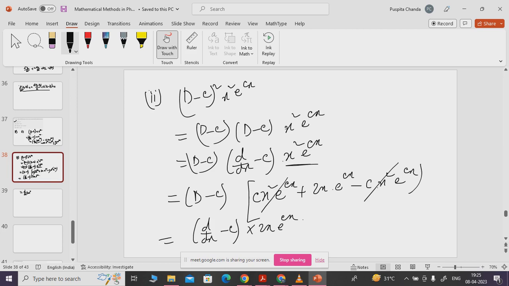No, it's not true. A minus b whole square, we have already seen in previous classes that some operators cannot be written like those. Operators don't always follow those rules, so it is better we write it this way.